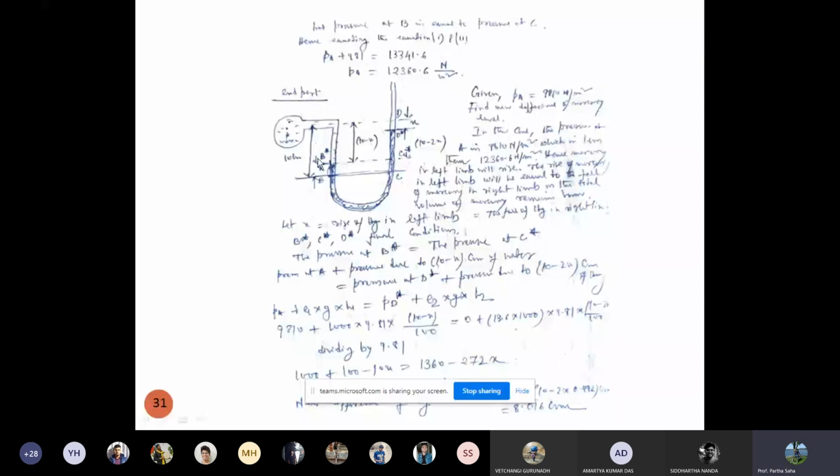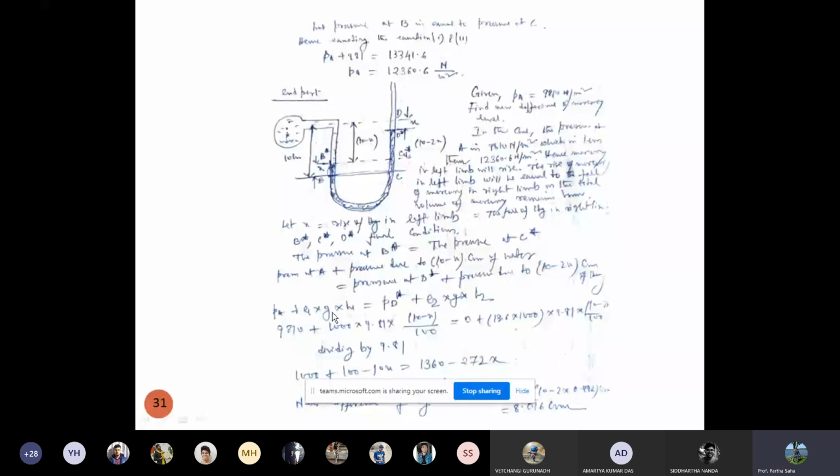So my new datum line is B star C star. The pressure at B star will be the same as the pressure at C star. Now the B star pressure is the pressure at A plus the pressure due to 10 minus x centimeter of water, which is the same as the pressure at D star, that is 0, plus the pressure due to 10 minus 2x centimeter of mercury. So PA plus rho 1 g h1 equals pressure at D star plus rho 2 g h2.